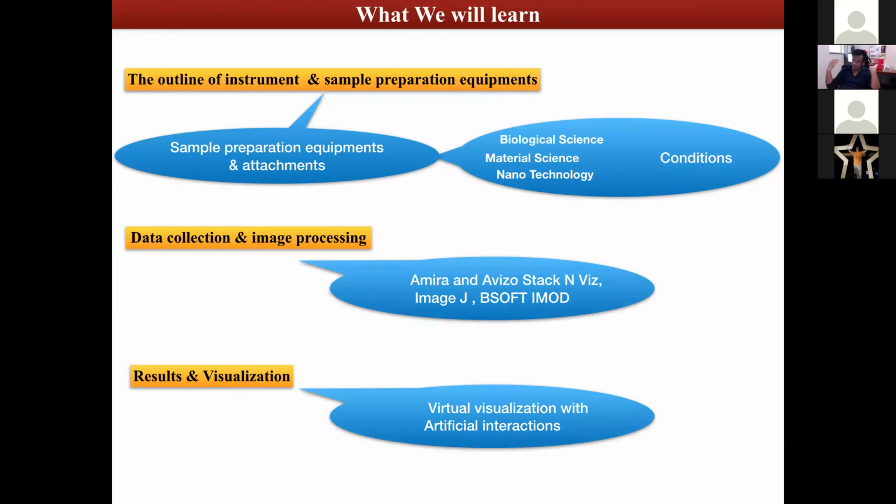Obviously, the data collection is something that you have to do hands-on with the instrument, but we will have a bunch of different software: Amira and Avizo, Stack and Viz is also available, ImageJ, BSoft, IMOD, EMAN2 is also available. ImageJ, BSoft, IMOD, these are all open source programs. And to the best of my knowledge, Amira and Avizo is also written in Python. ImageJ is so as well. Leaving out BSoft, I believe IMOD is also the same.